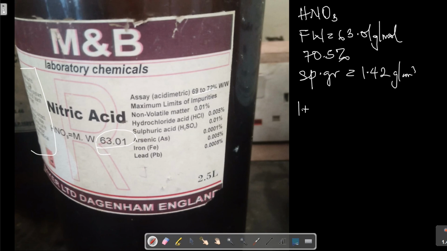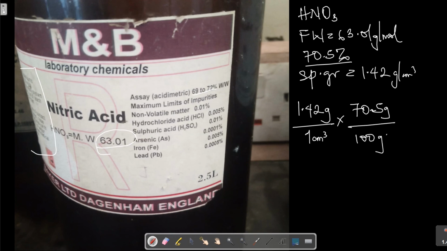So as usual, 1 cm cube of this acid weighs 1.42 grams. You multiply it with the percent concentration here, which is 70.5 grams over 100 grams.